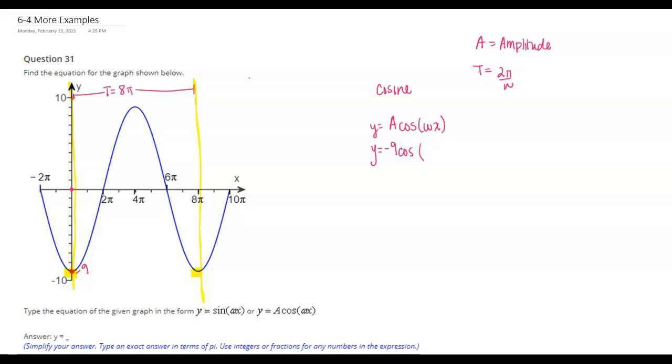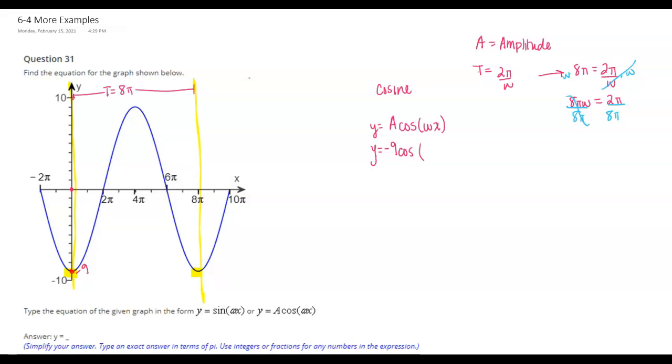So now I'm going to go over here, and while I know my period is 8 pi, I still need to find omega. Right? Well, to find omega, I'm going to multiply omega on both sides. These omegas cancel. So now I have 8 pi omega equals 2 pi. I'm still trying to get omega by itself. So I'm going to divide both sides by 8 pi.